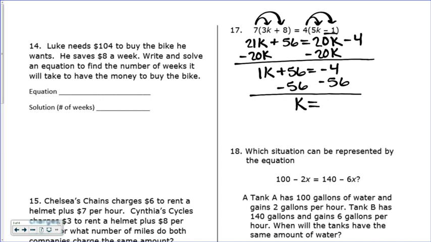And with two negative numbers, when you're adding or subtracting them, you need to make sure that you are paying attention to your signs. We have negative 4 minus 56, so since they have the same sign, we're going to add them and keep the negative. So we have negative 60. All right, number 17 is done. Let's look at number 20.